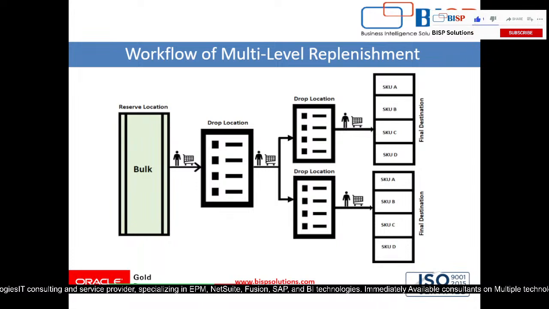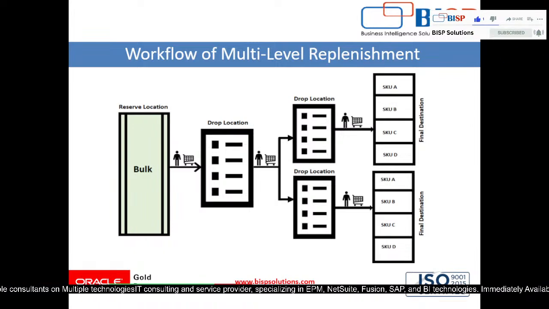So in order to improve efficiency and increase productivity in our WMS, we have the new functionality called multi-level replenishment, right? Beyond the configured location max, multi-level replenishment has the ability to supply inventory in the replenishment sequence when the inventory is depleted in the destination location, right?